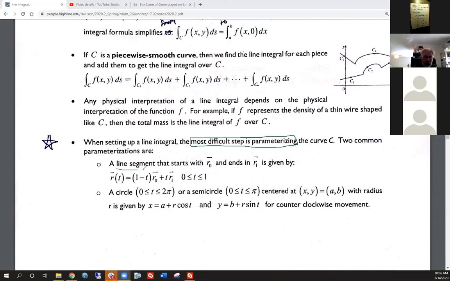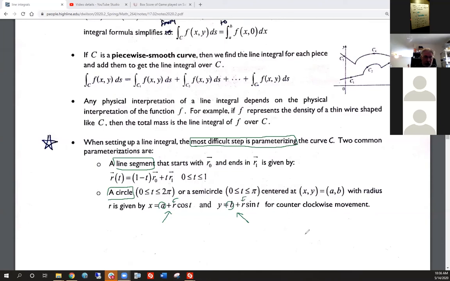The first is a line segment, and the second is a circle. Notice in the circle, I centered the circle at (a, b) and gave it its own radius. So this would be a circle centered at (a, b) with radius r.